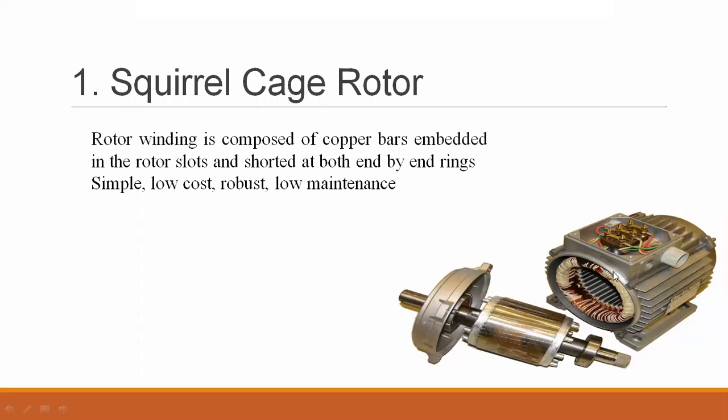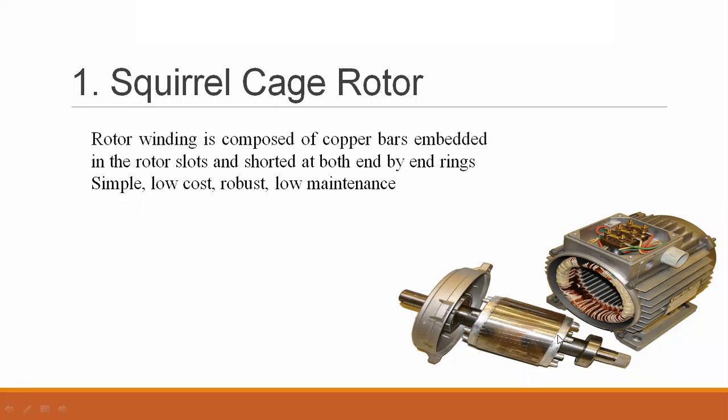That means here I provide winding only on the stator side, and on the rotor I just have a rotor bar. Okay, so I just have a rotor bar. Now the rotor bars are short circuited by using the end rings. Okay, so this is nothing but the end ring.